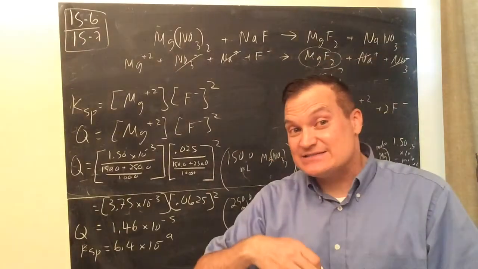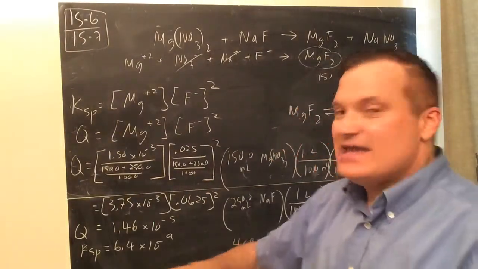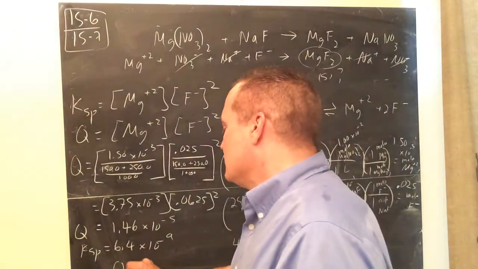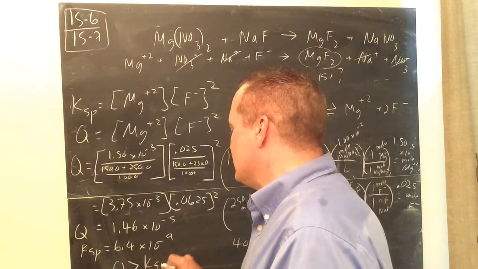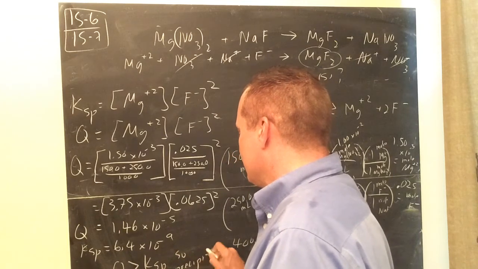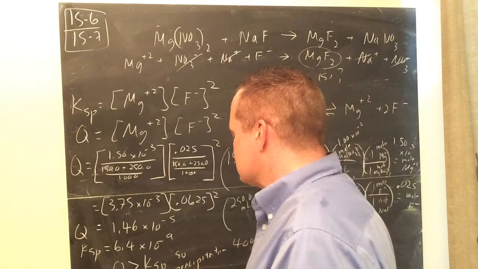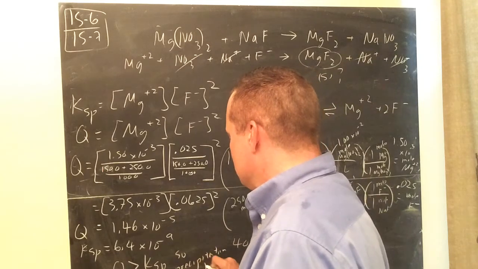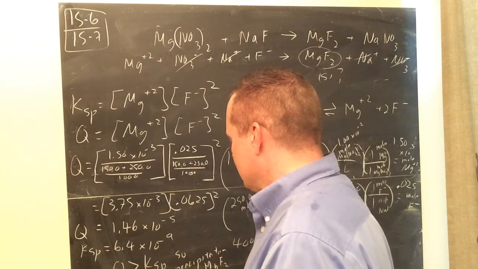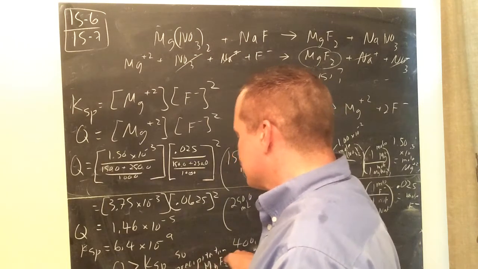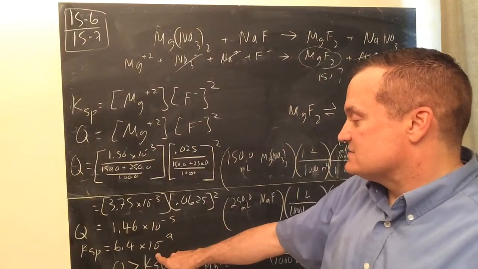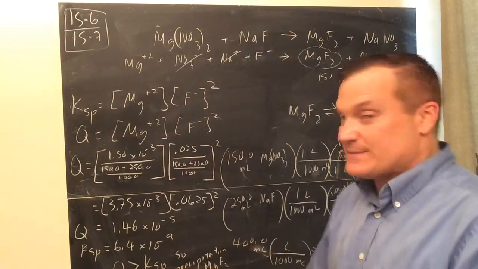If Q is less than the Ksp, it will not precipitate. If Q is greater, and that's what is true here, Q is greater than Ksp, so precipitation will occur. In other words, solid MgF2 forms. You can just say precipitation occurs. Q is greater than Ksp, so it will precipitate.